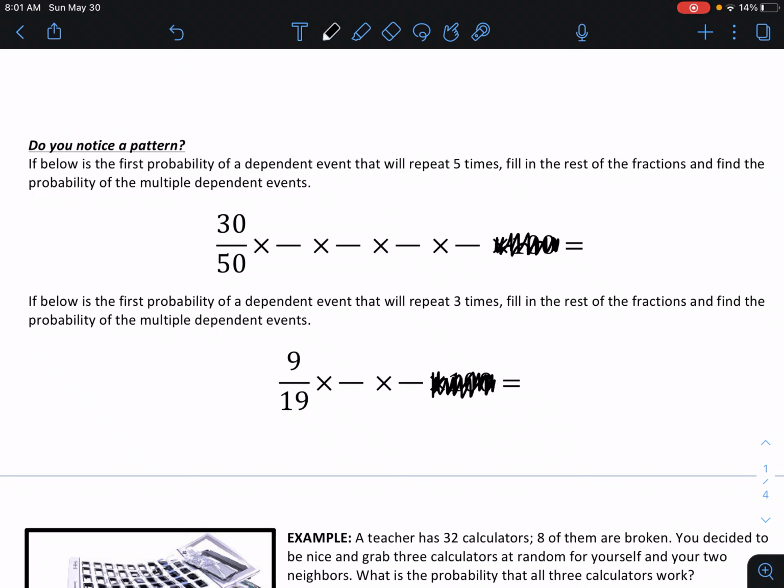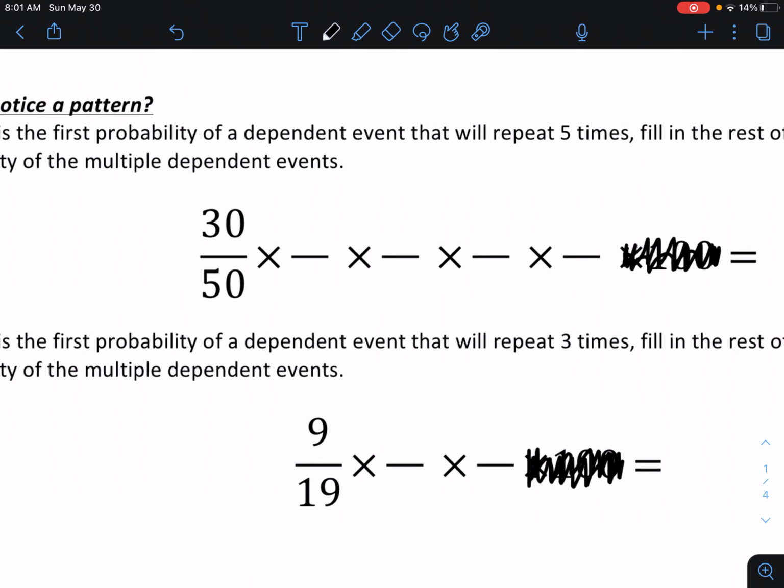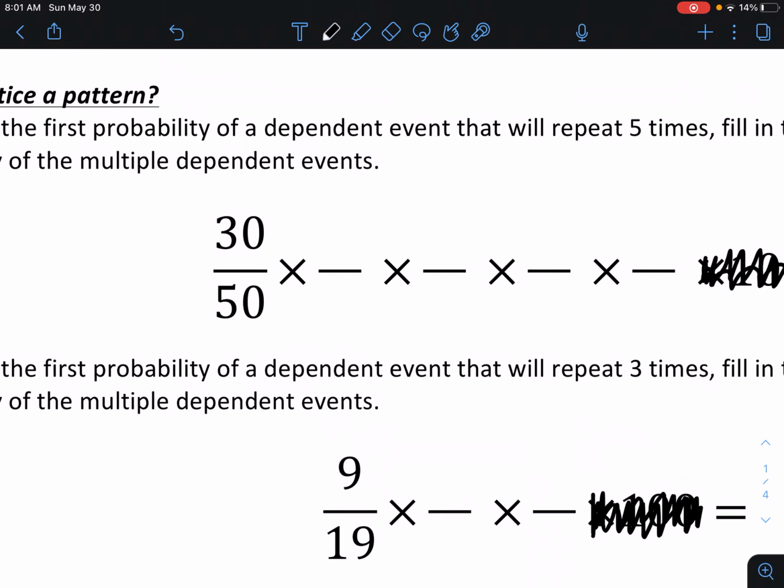All right. So, well, just think about it. What happened in the first 3 examples that we did? Well, every time we picked another time, the numbers reduced, right? Let's fill in the probabilities then. If so, 30 over 50, well, that means this is going to be 29.